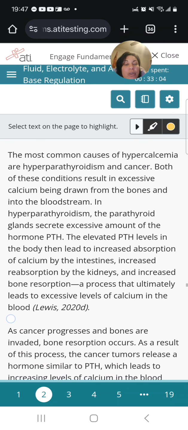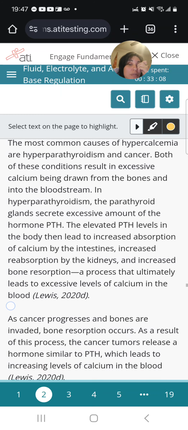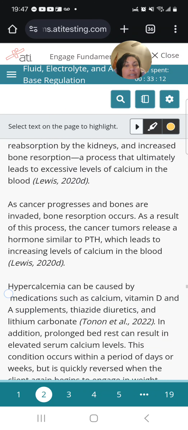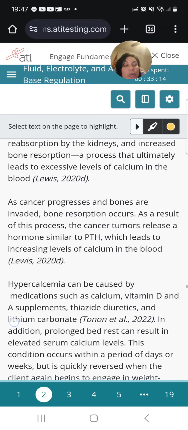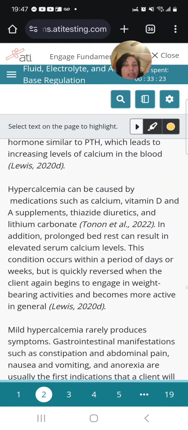In hyperparathyroidism, the parathyroid glands secrete excessive amounts of PTH. As cancer progresses and bones are invaded, bone reabsorption occurs. As a result, the tumor releases a hormone similar to PTH, which leads to increasing levels of calcium.